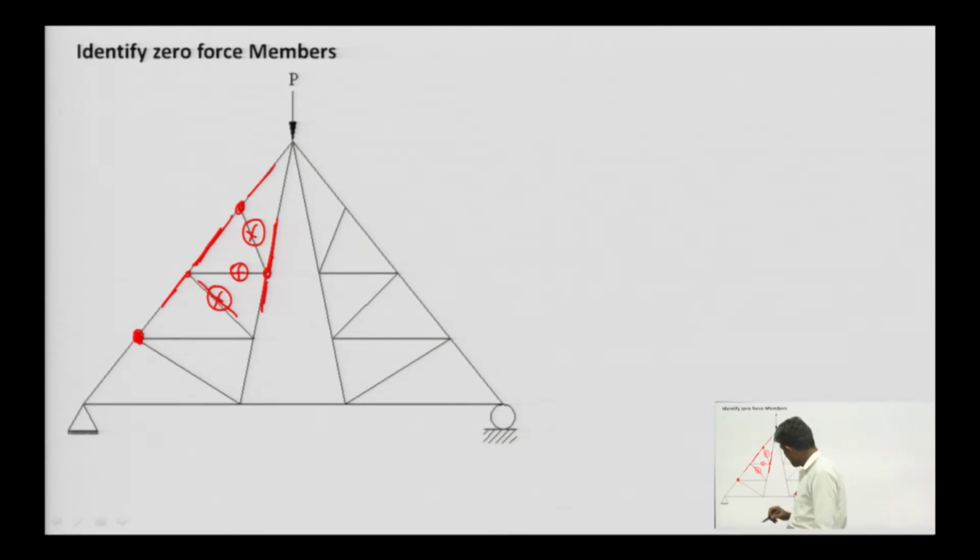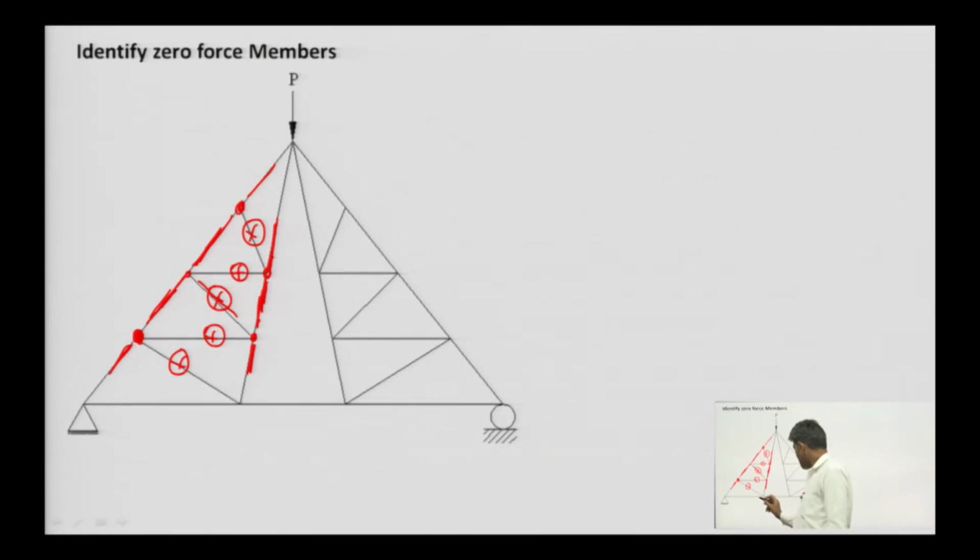Similarly, at this joint two members are connected and they are collinear, and the force in this member will be 0. So, come to this joint, these two members are collinear. This member has no force. So, the remaining member will also not have any force, right.